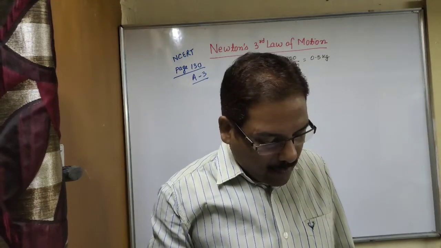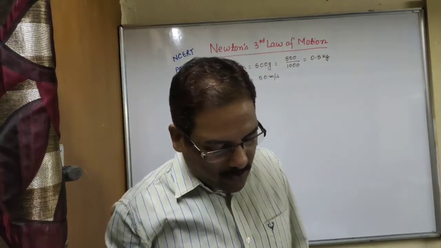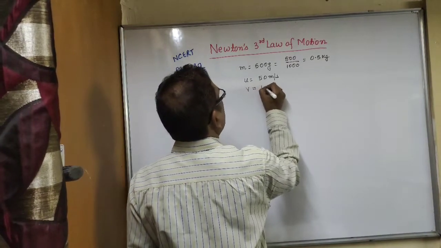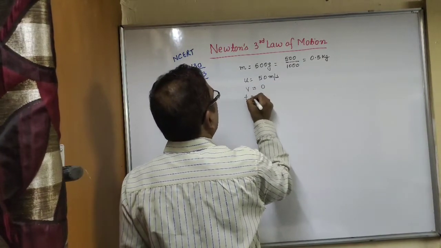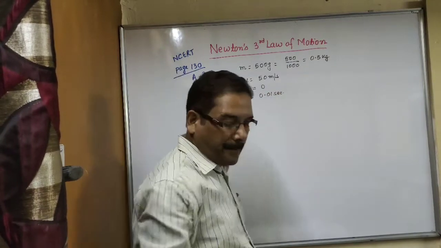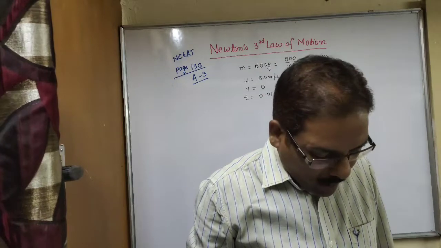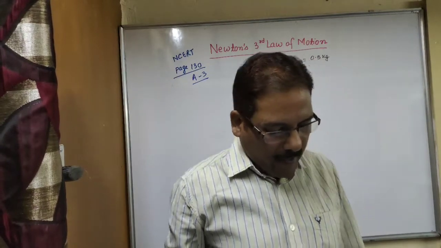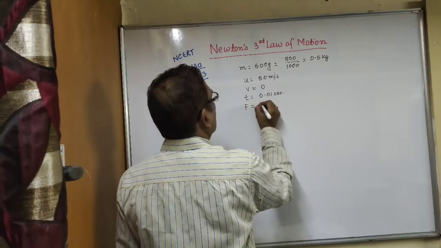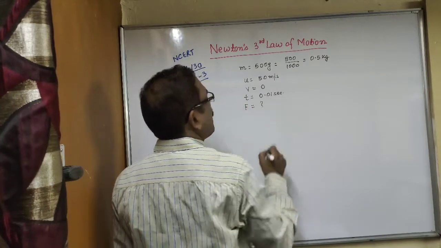It strikes a nail and stops the hammer in a very short time. Stops the hammer means the final velocity is 0, and time is given as 0.01 second. What is the force of the nail on the hammer? So you have to calculate the force of the nail on the hammer.